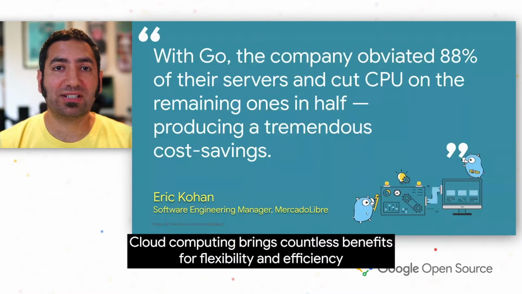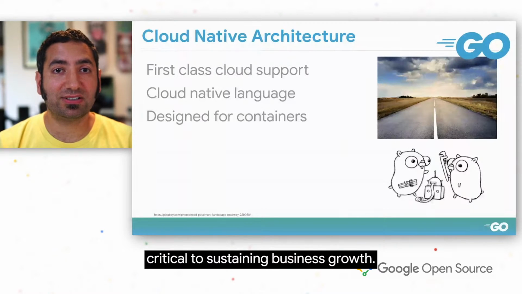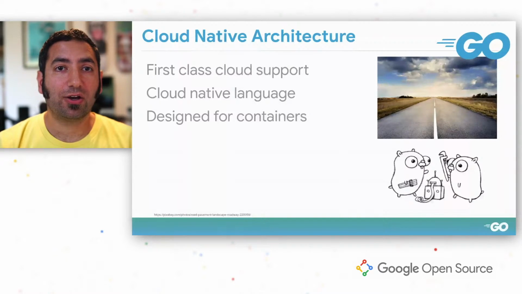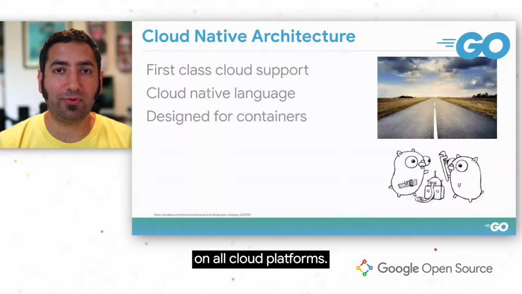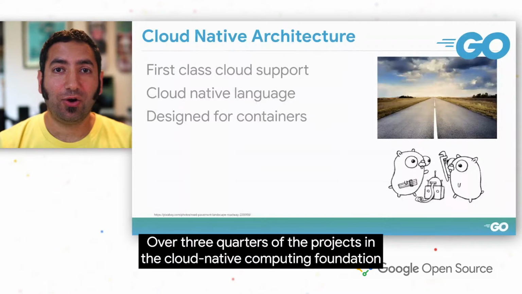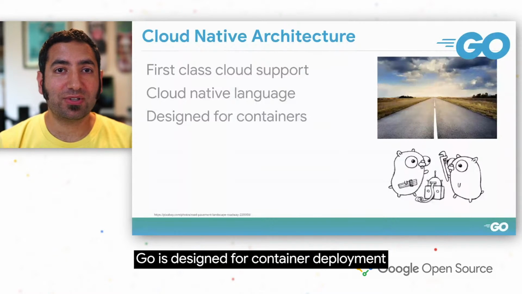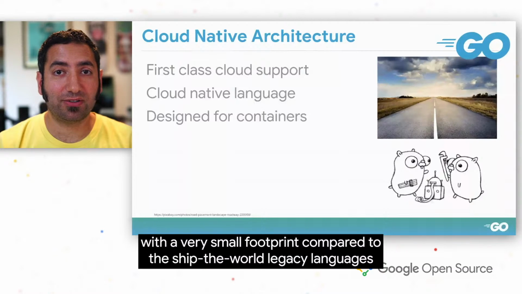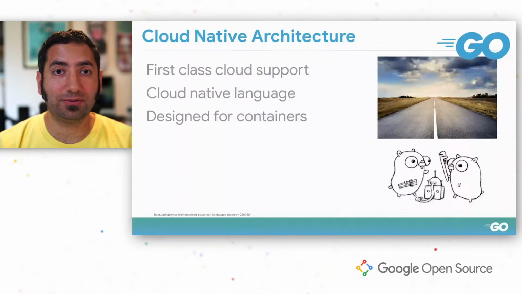Cloud computing brings countless benefits for flexibility and efficiency, critical to sustaining business growth. Go is the only modern language that has first-class support on all cloud platforms. Go is designed for cloud-native applications. Over 3/4 of the projects in the Cloud Native Computing Foundation are written in Go. Go is designed for container deployment with a very small footprint compared to the ship-the-world legacy languages like Java, Python, and Node.